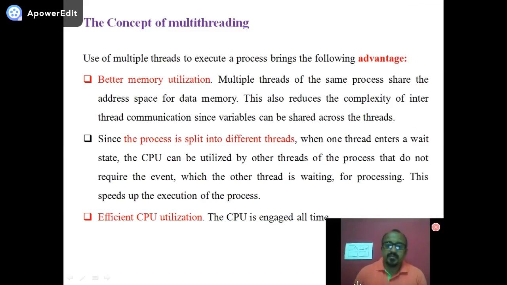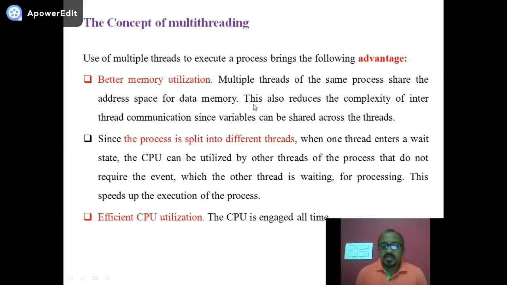Concept of multi-threading. So what is the advantage of this? If you want threading, better memory utilization. So how come better memory utilization? Multiple threads of the same process share the address space and data space, and it also reduces the complexity of inter-thread communication.